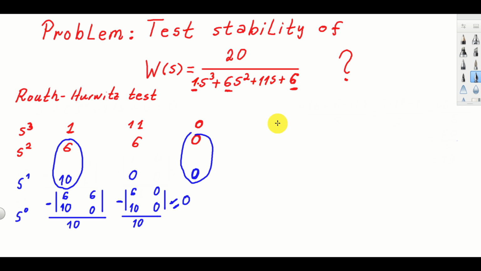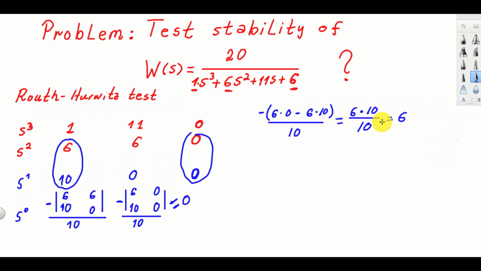Let's evaluate this entry. In the denominator we have 10, and we have the minus sign over here: 6 multiplying 0 minus 6 multiplying 10. And this is obviously 6 multiplying 0 is 0, minus and minus becomes plus, so we have 6 multiplying 10 divided by 10, and this becomes equal to 6.